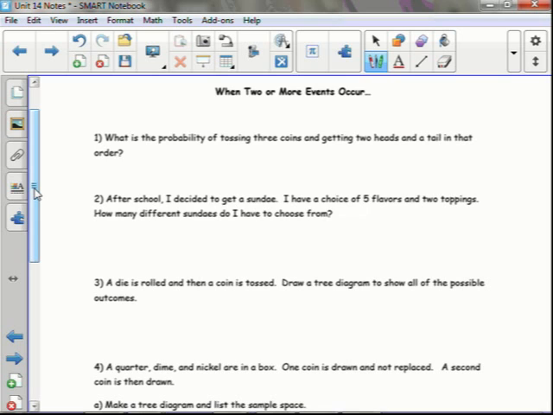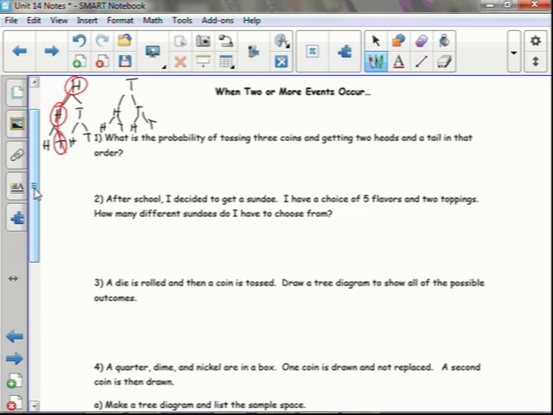We could say, okay, your first toss could be heads or tails, and then off of there it could be heads or tails, and then off of each one of those we can draw this to get all of the options of what can occur. And what is the probability of tossing 3 coins and getting 2 heads and a tail in that order? So the only path where that happens is here, here, and here. So there's only one pathway out of the 8 total pathways.